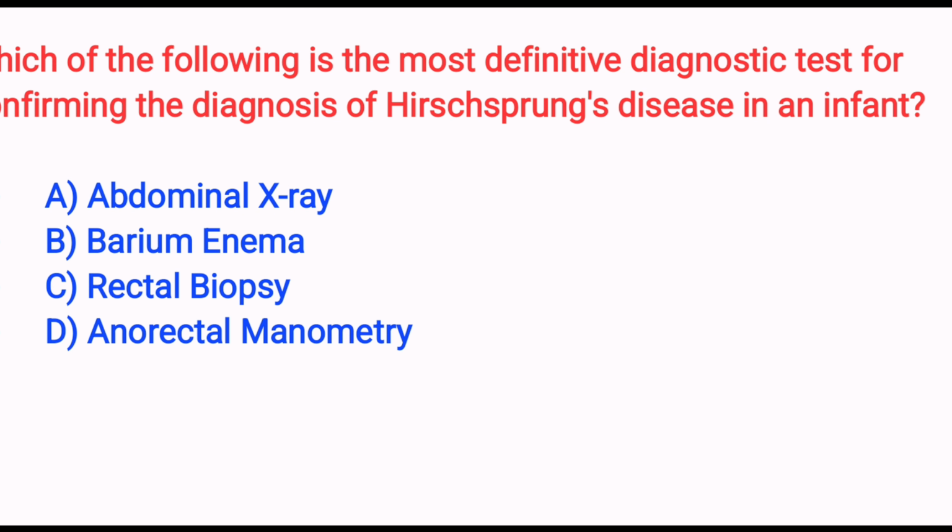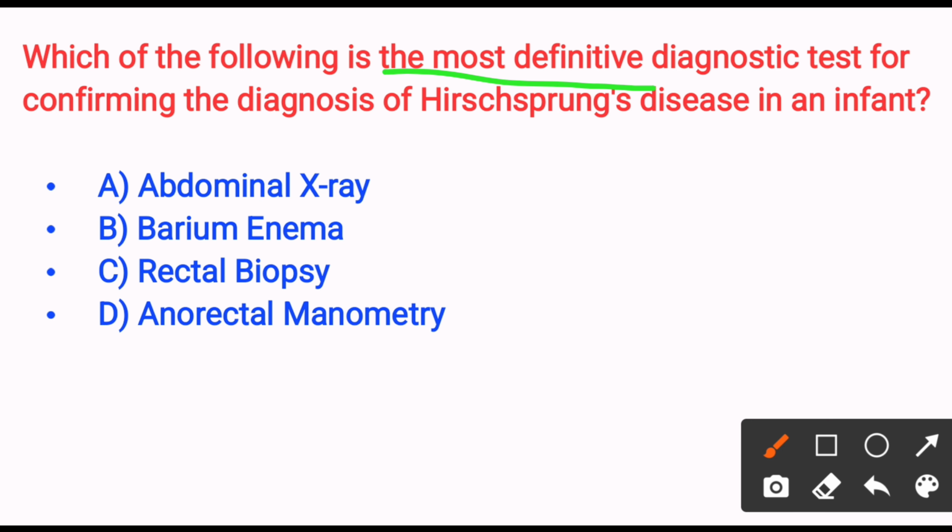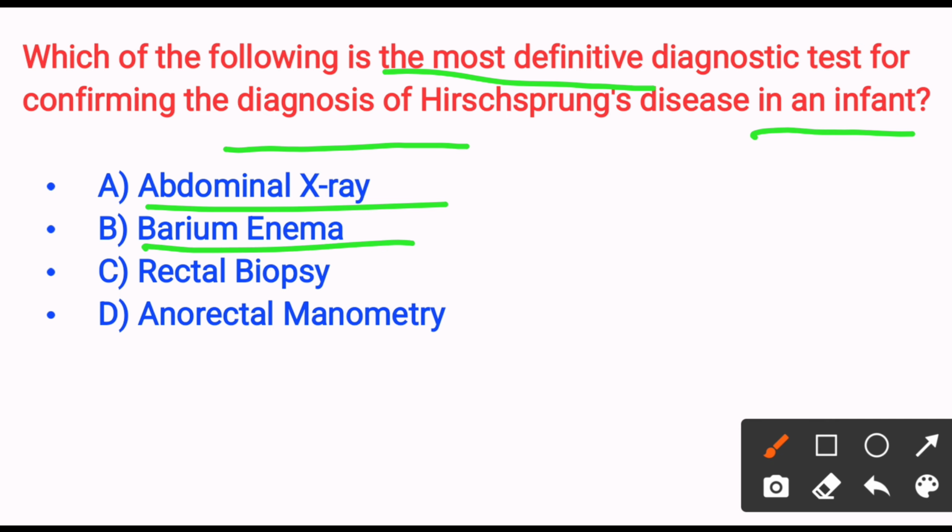Next, which of the following is the most definitive diagnostic test for confirming the diagnosis of Hirschsprung's disease in an infant? Option A, abdominal X-ray. Option B, barium enema. Option C, rectal biopsy. Option D, anorectal manometry.